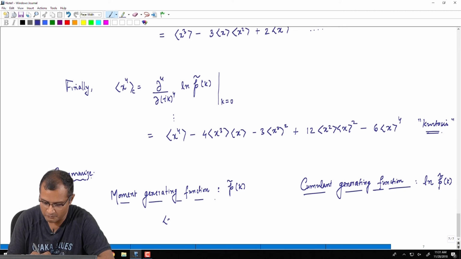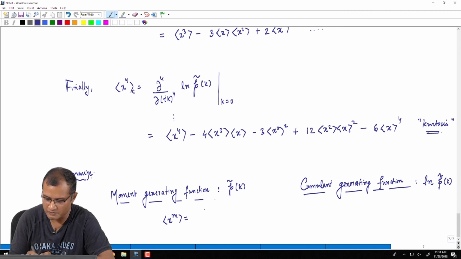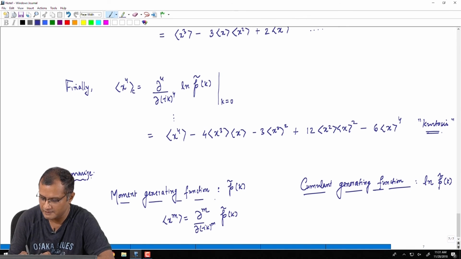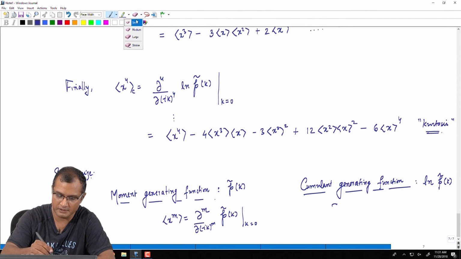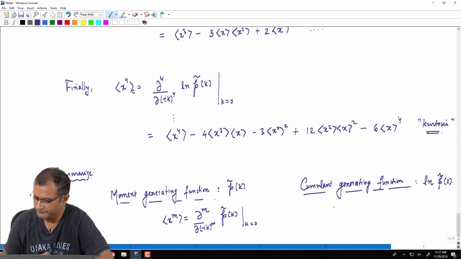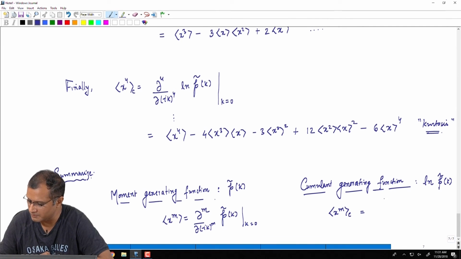To generate the mth moment, you have to take the mth derivative of this characteristic function at k equals to 0, and to generate the mth cumulant, you have to take the mth derivative of the cumulant generating function.